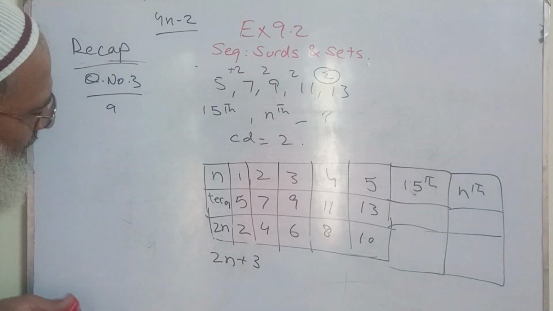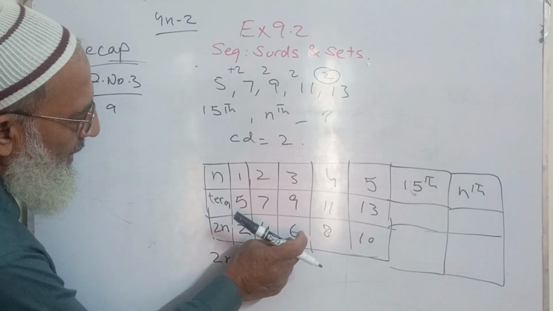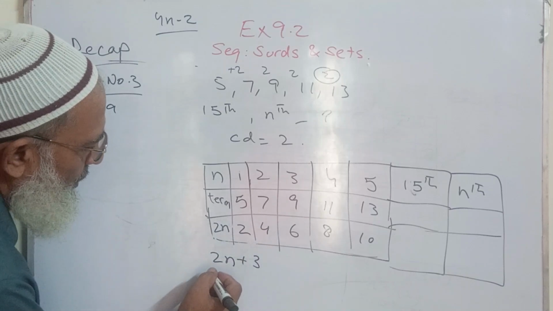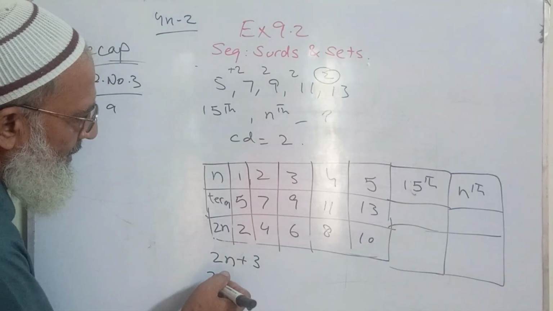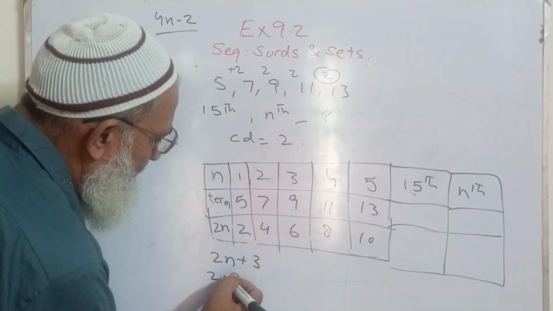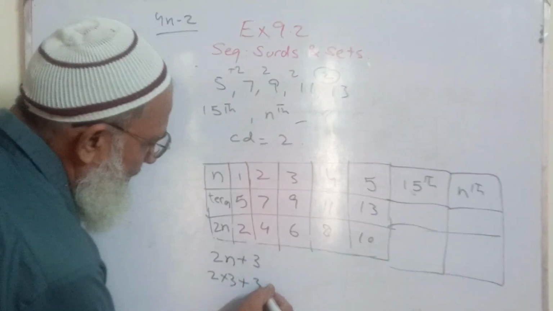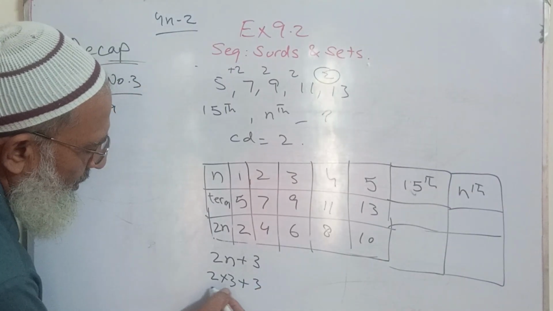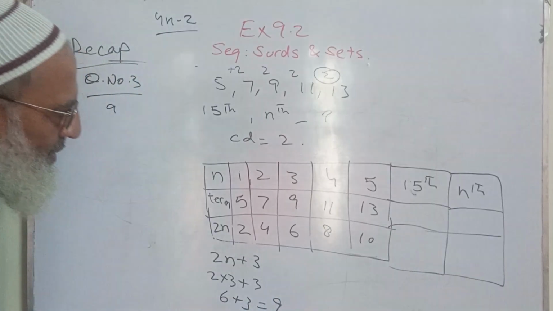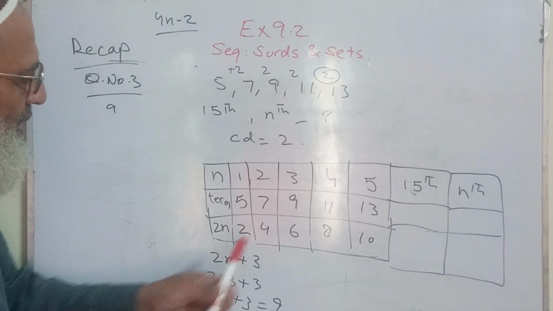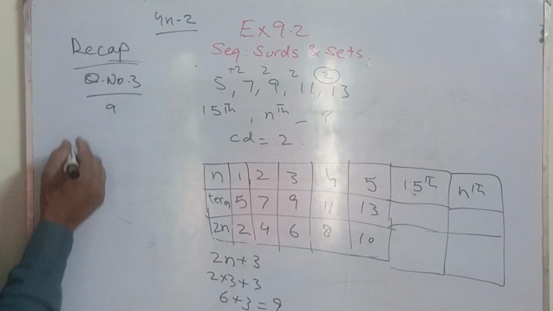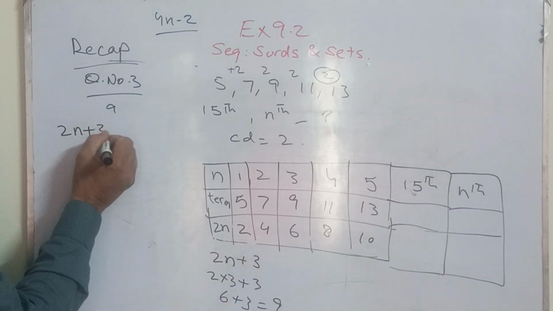Let us check it for this one. So 2 into n, which is 3, plus 3. 6 plus 3 is equal to 9. So this is our 9. Okay. That means our pattern is correct. 2n plus 3 is our pattern.